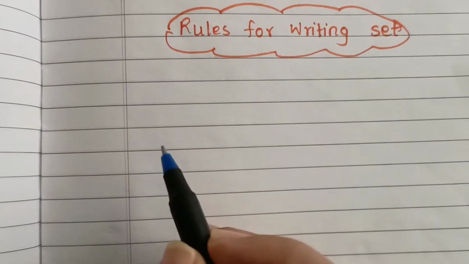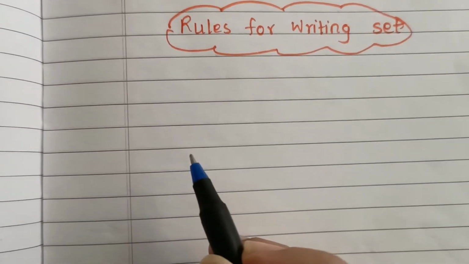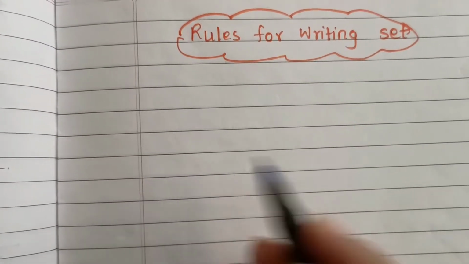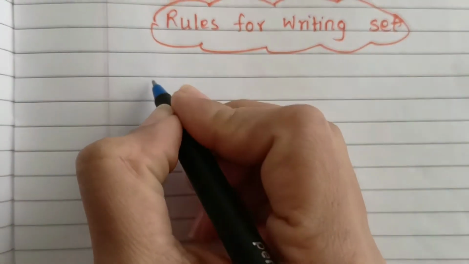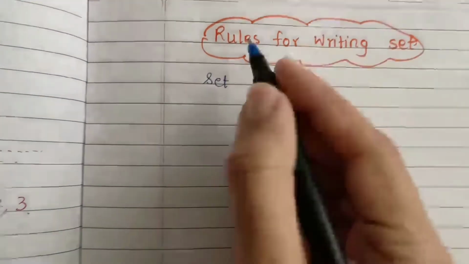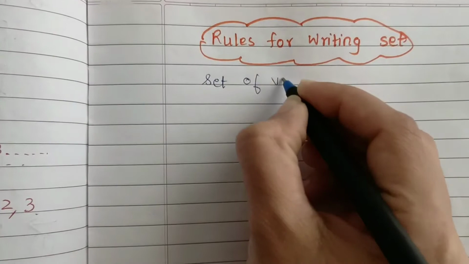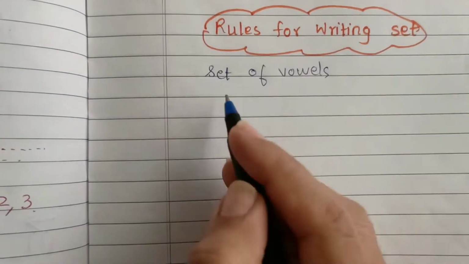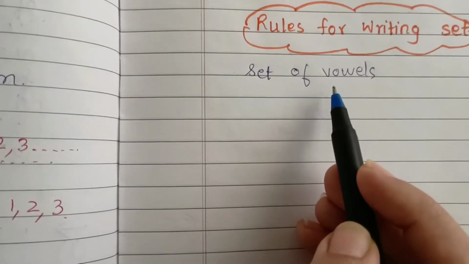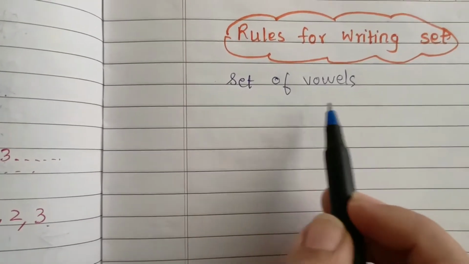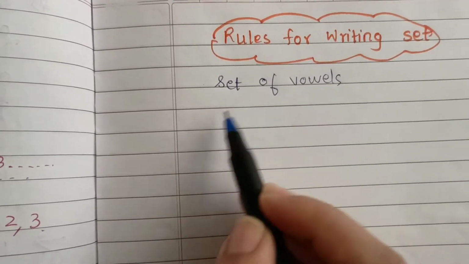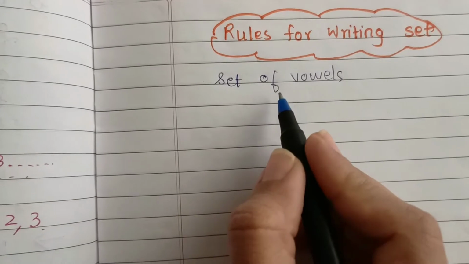The first rule: whenever you want to represent a set, say for example the set of vowels in the English alphabet. Now what are the vowels? That is A, E, I, O, U.